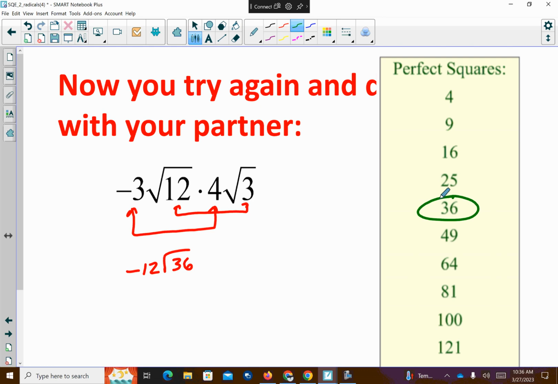So 36 is a perfect square. Agree? What's the square root of 36? 6. So then just multiply those together, and that's going to give me negative 72. So negative 72 is the exact number that I get if I multiply 3 square root 12 and 4 square root 3 together.